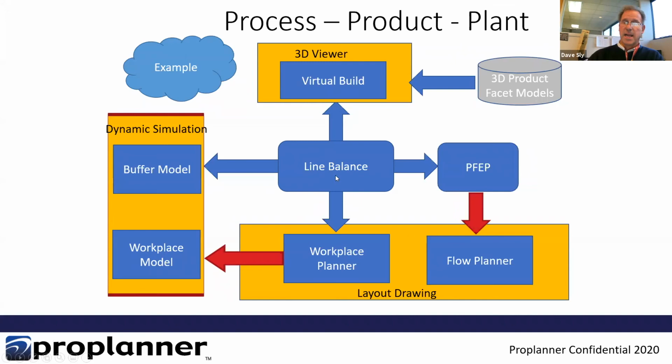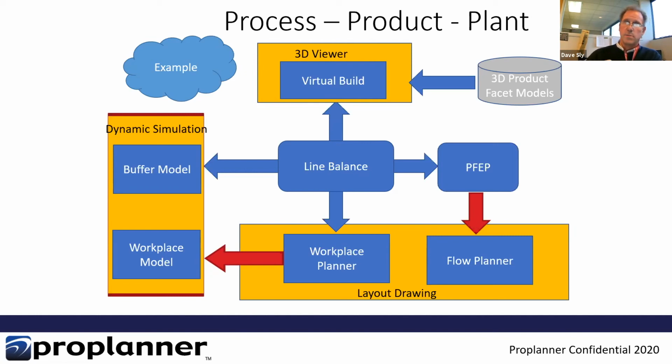I have these tasks that I need to balance that are consuming those product models. And based on different balances, I have different views of the product at different stages in production, right? For every one of those line balances, I have different buffer situations based on an actual production schedule.